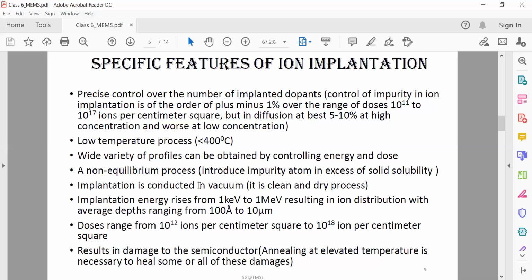In diffusion, the maximum dopant incorporation is up to the solid solubility limit. Beyond that you cannot do it, but in ion implantation you can exceed the solid solubility limit of the impurity atom. That is why it is known as a non-equilibrium process, and diffusion is an equilibrium process.